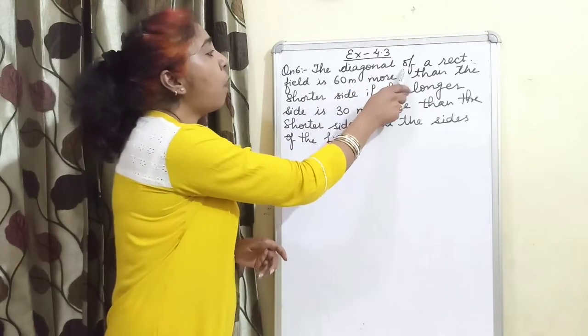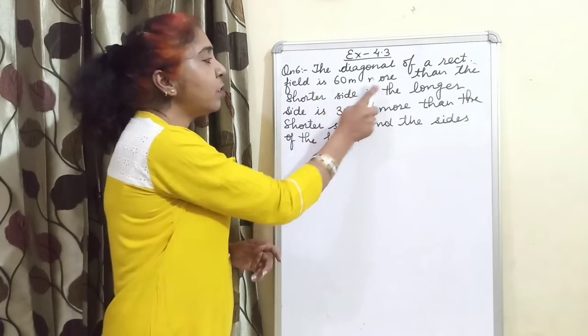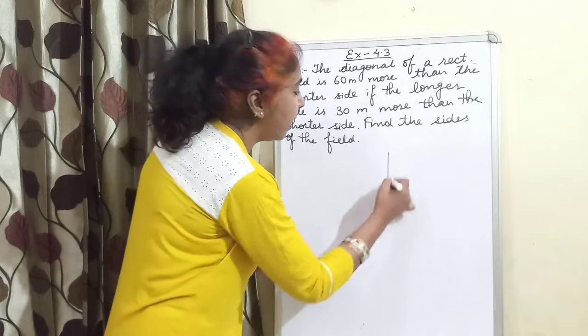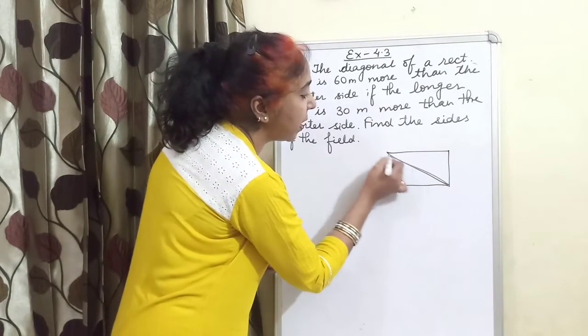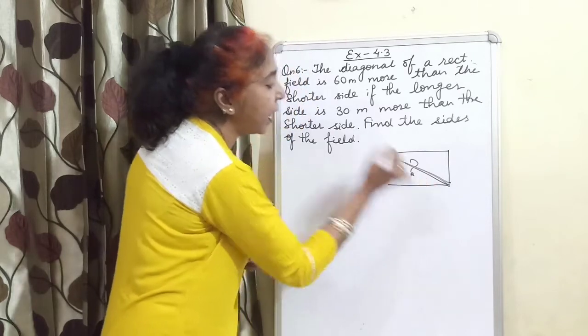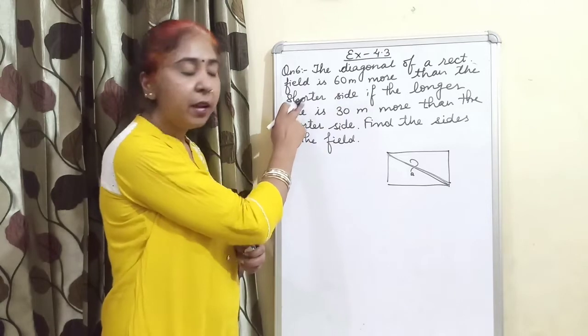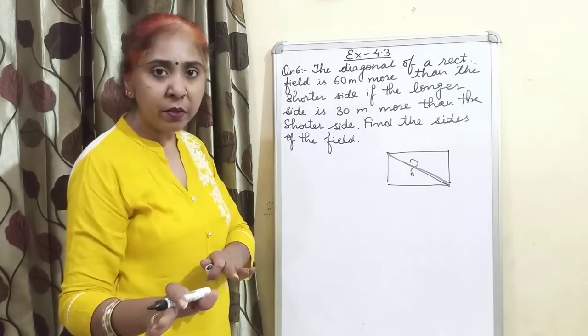The diagonal of a rectangular field is 60 meter more than the shorter side. It's saying that if this is a rectangle, it's talking about the diagonal, and the diagonal is 60 meter more than the shorter side. A rectangle has two sides, one larger and the other shorter.